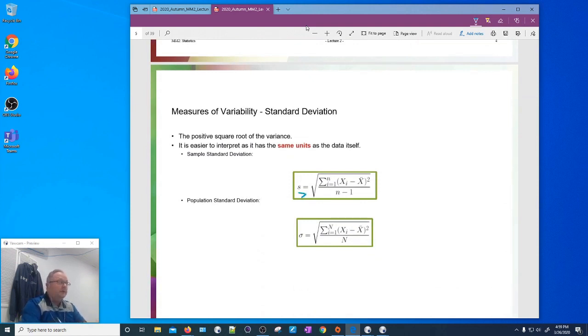The Roman numeral version gives us the sample standard deviation. The Greek version gives us the population standard deviation, and in this case we're taking the square root. We often use this because it's in the same units as the data itself, whereas the variance units are not. So this is a nice indicator of the distance of the data points in a general sense from their means, and that helps us understand that.